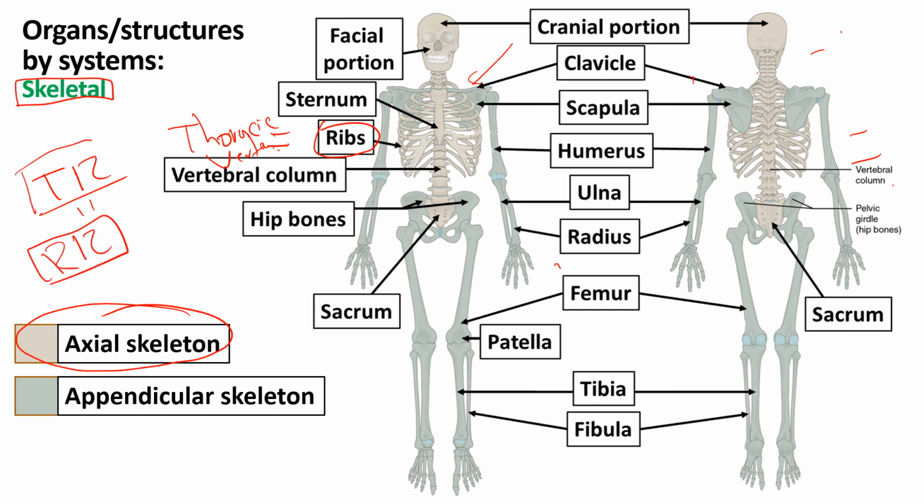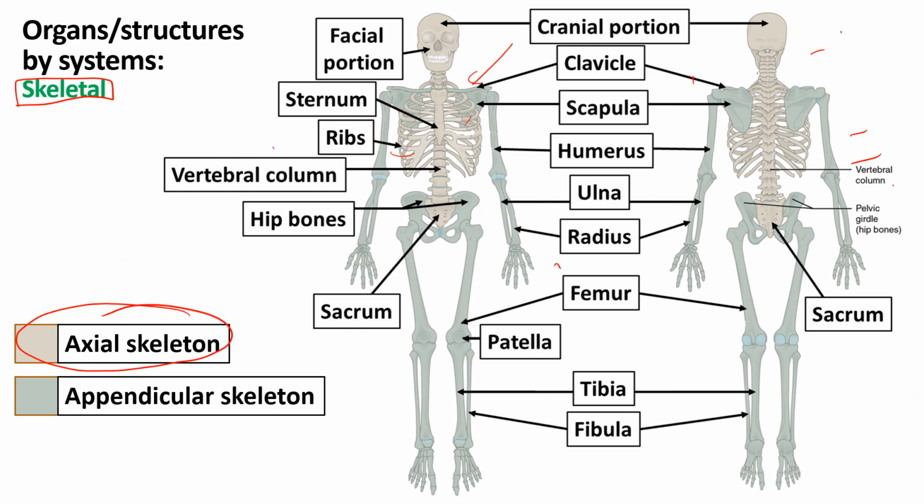Each rib will articulate with each thoracic vertebra. So we have 12 ribs on each side, 12 on the right side, 12 on the left. The bones of the cranial portion and the facial portion, we're going to review in just a minute.